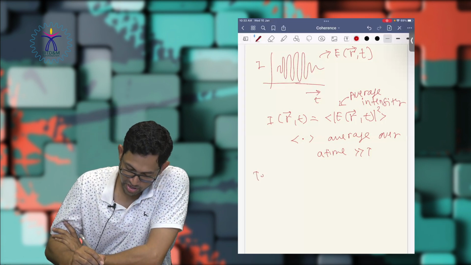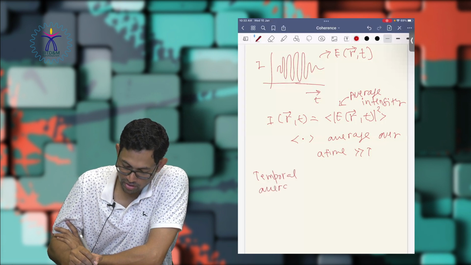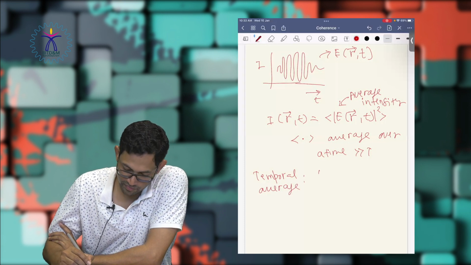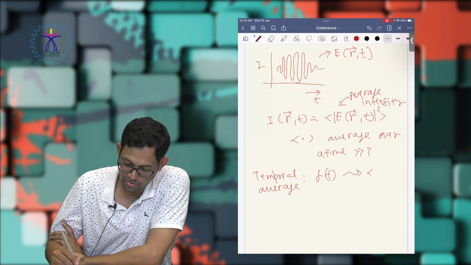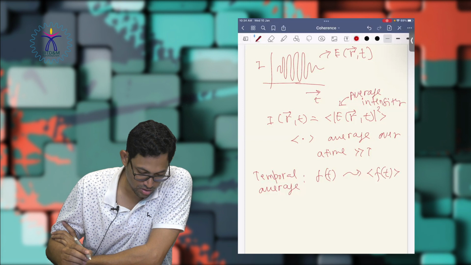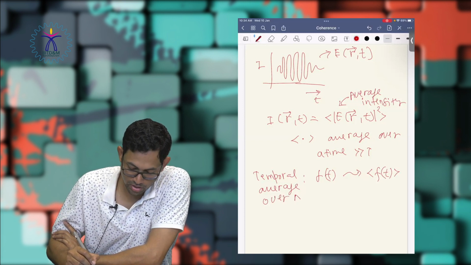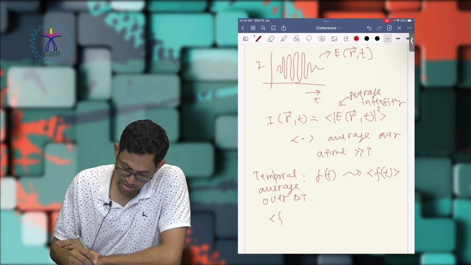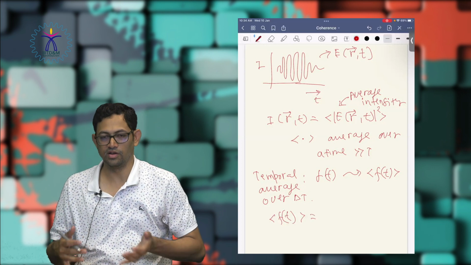So with respect to time, we can also define a temporal average. For example, if we have any function f of t, its temporal average can be given as f of t within these triangular brackets, over a particular time, that is delta t. Now this f of t could be the electrical field as well.